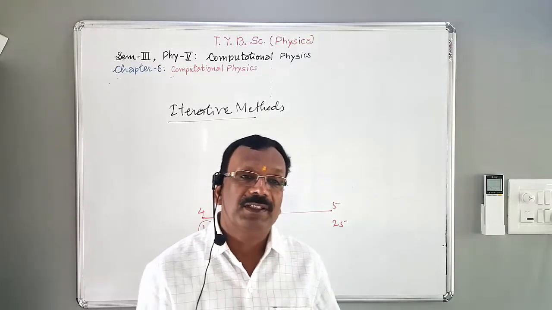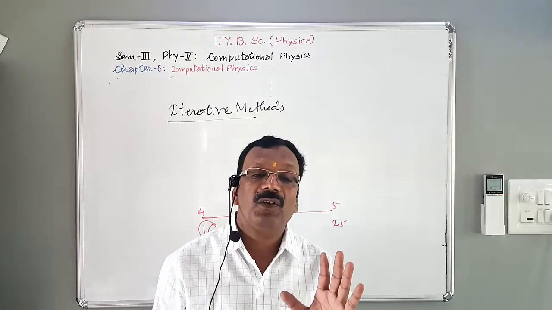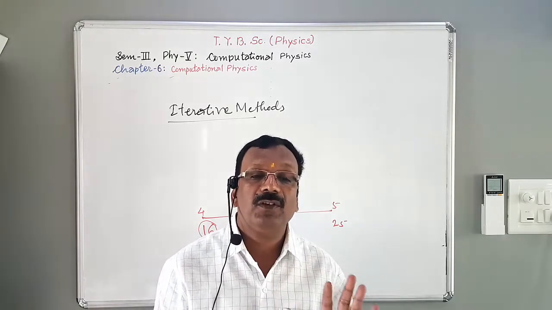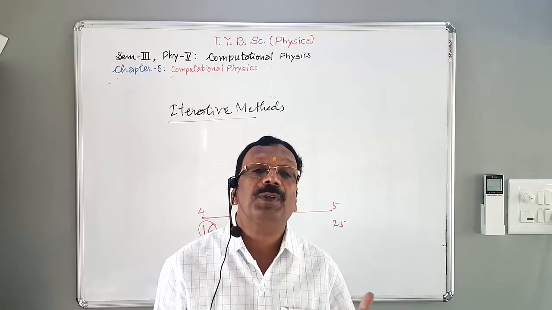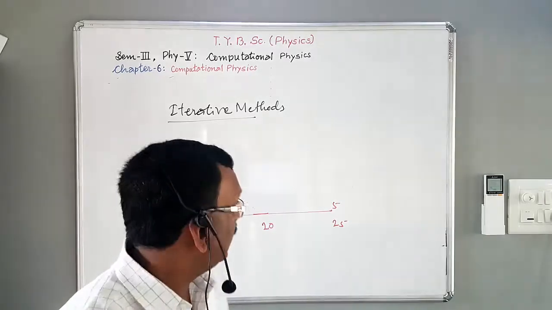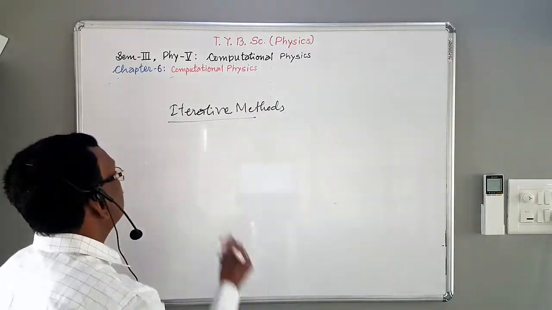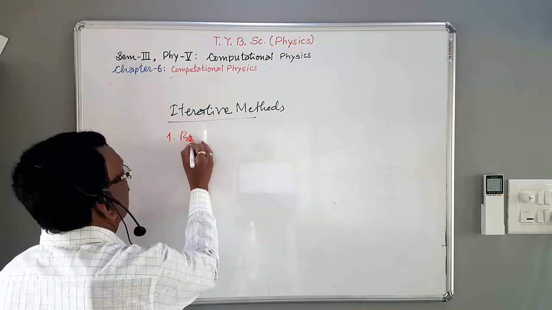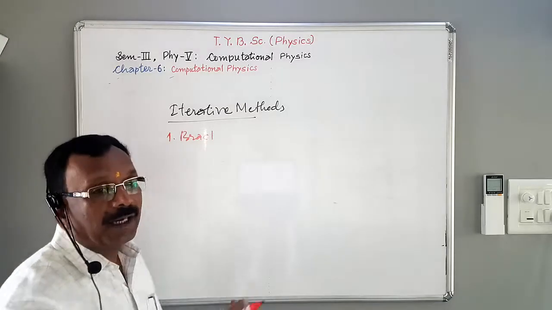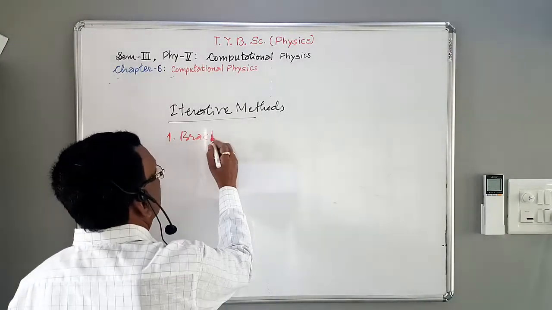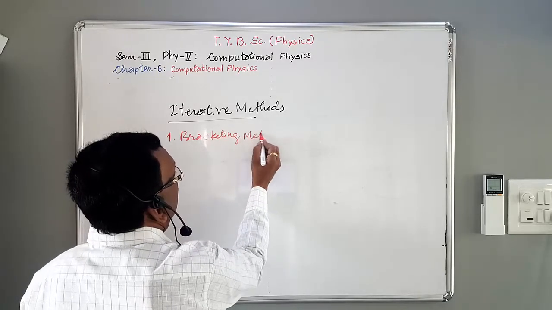There are a number of iterative methods, and all these methods are based on guesses. These iterative methods can be grouped into two categories. First one is bracketing methods.